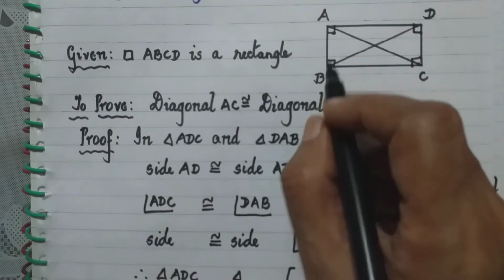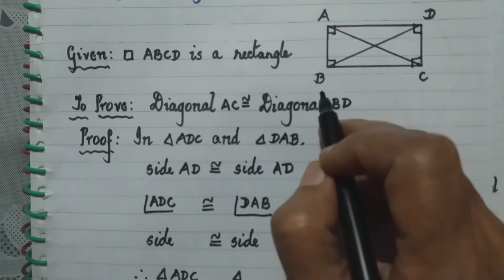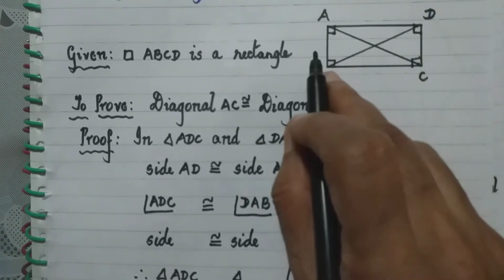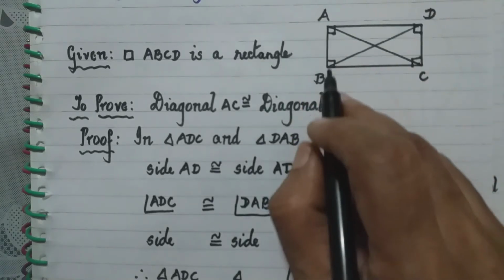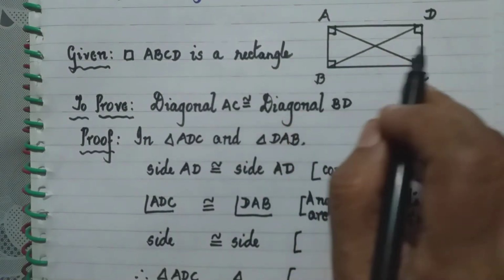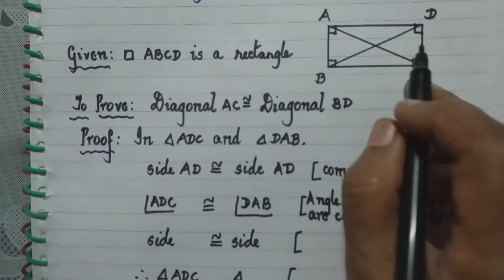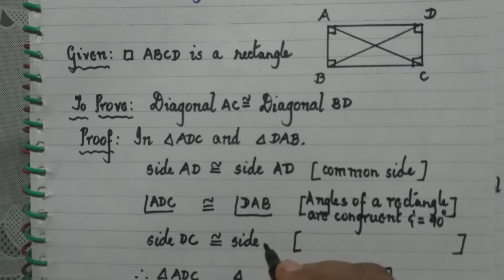Now we look at again these two triangles, triangle ADC and triangle DAB. We see that there are one pair of sides, opposite sides, which are congruent to each other. Okay, side AB and side DC, because in a rectangle we know that opposite sides are congruent. So we write that side DC is congruent to side AB.